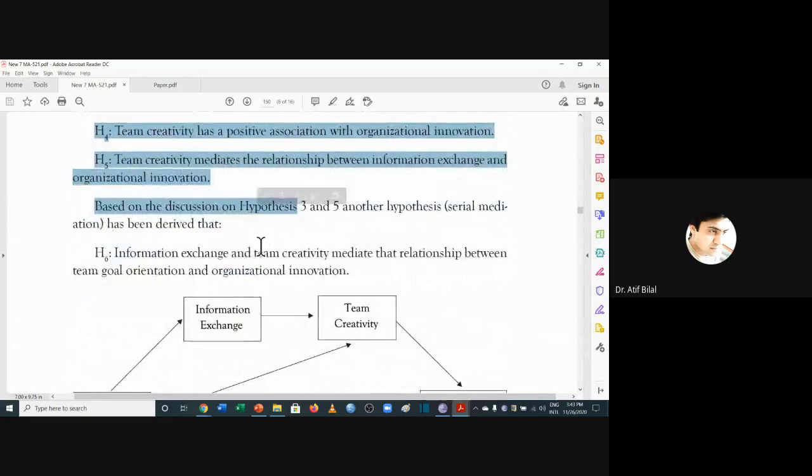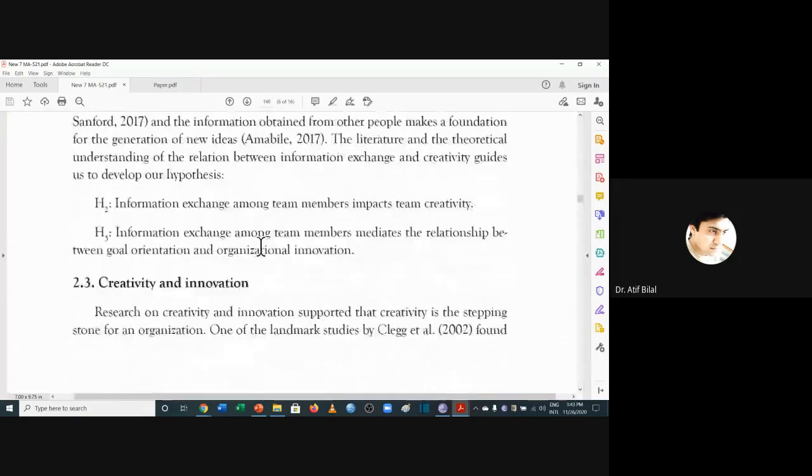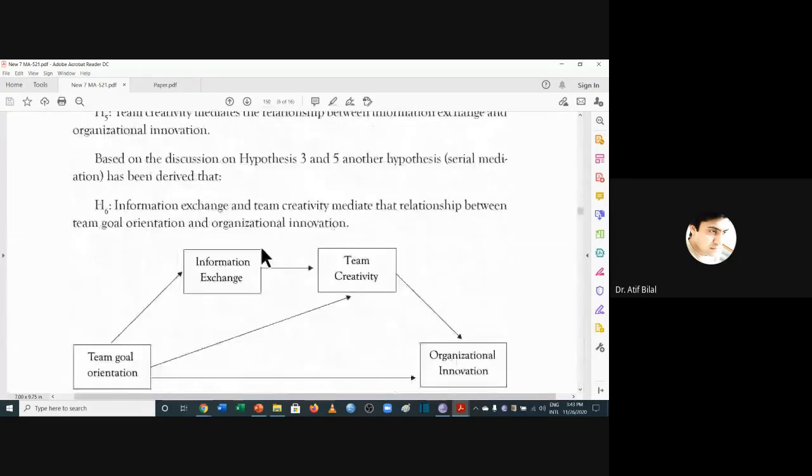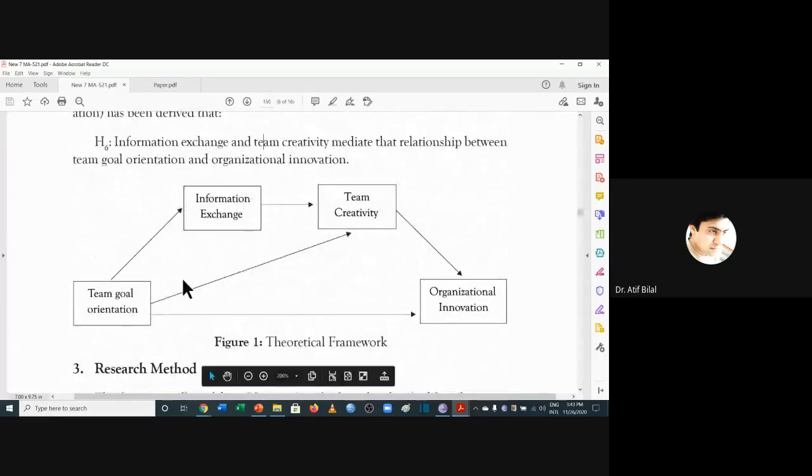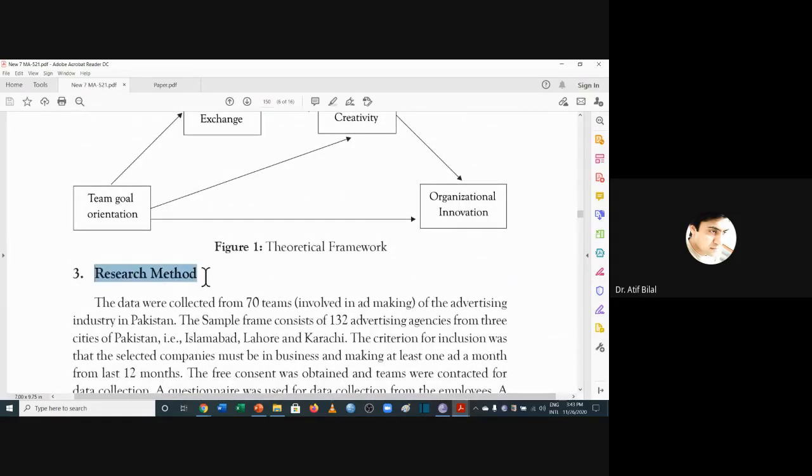So after deriving your hypothesis from the literature, you give your theoretical framework. And this is your second chapter, and this is how you write your second chapter. The third chapter is going to be your research methodology, which is given after the second chapter.